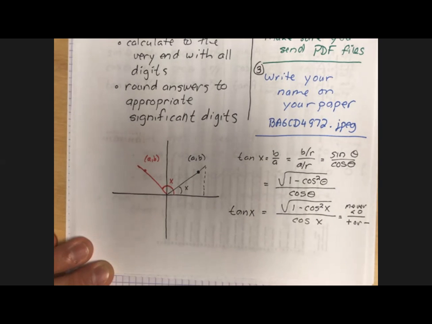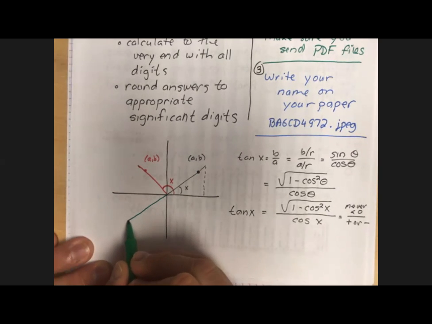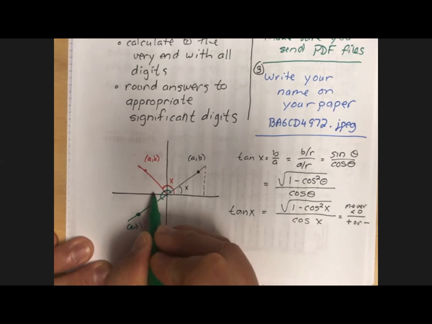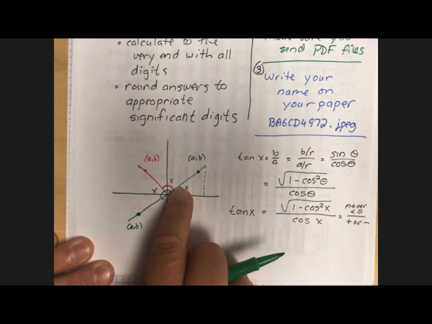But see, now I just talked myself out of my answer. Now I realize why they want a plus or minus. Here, the cosine is also negative. If this was my angle X, the cosine is negative, but the tangent is positive.